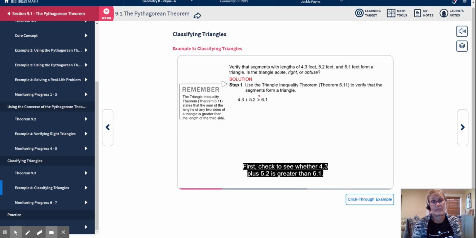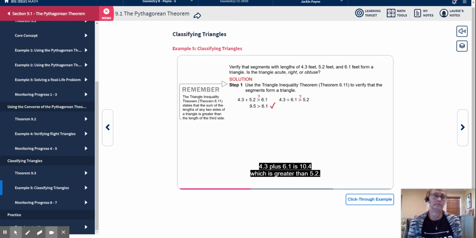First, check to see whether 4 and 3/10 plus 5 and 2/10 is greater than 6 and 1/10. 4 and 3/10 plus 5 and 2/10 is 9 and 5/10, which is greater than 6 and 1/10. Next, check to see whether 4 and 3/10 plus 6 and 1/10 is greater than 5 and 2/10.